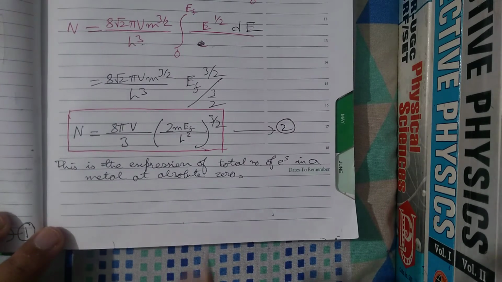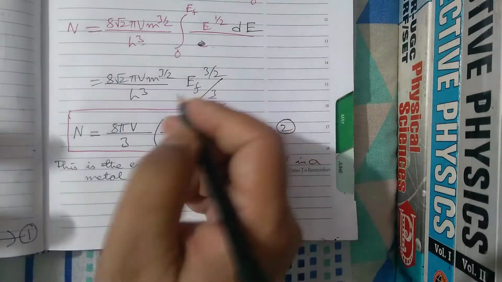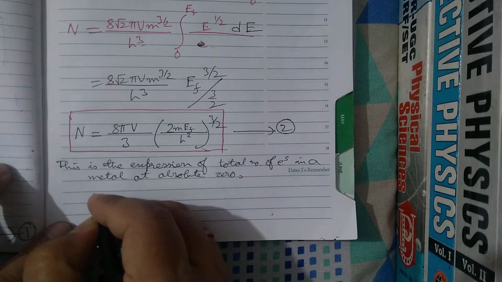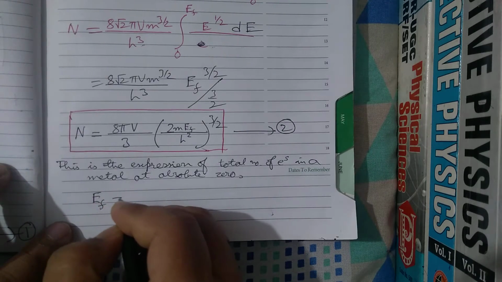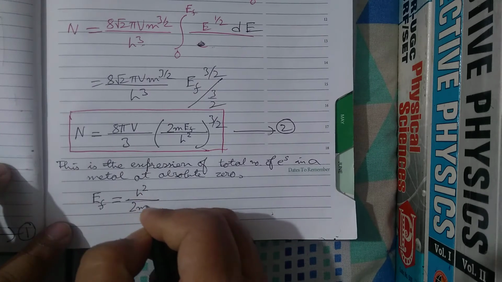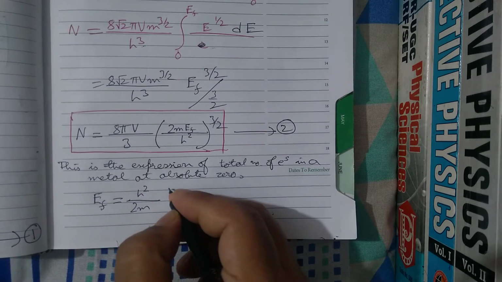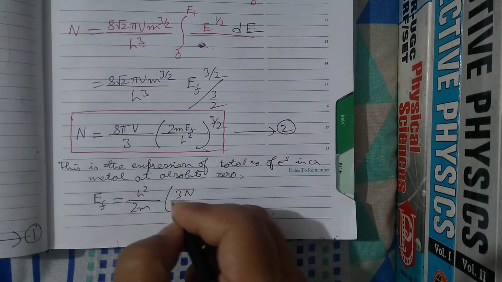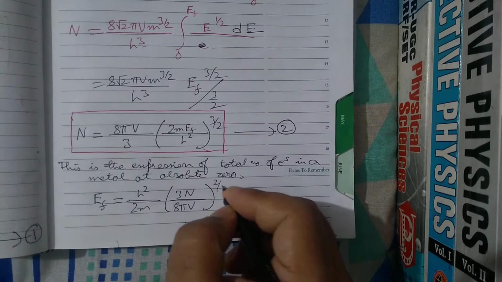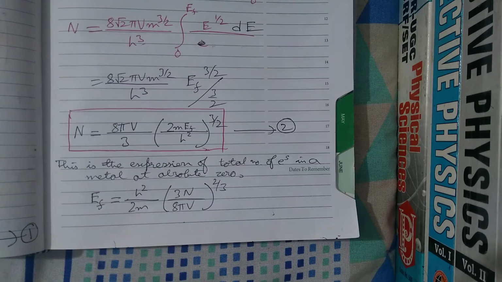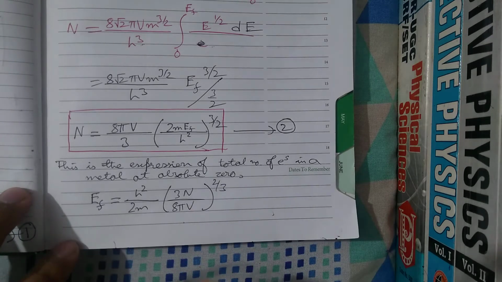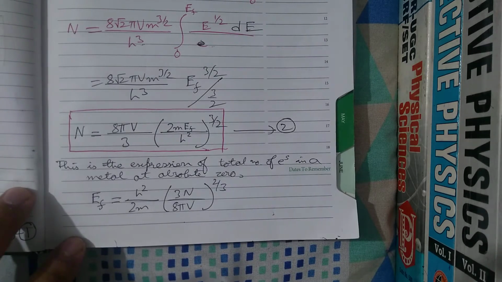How can you find it? If you raise both sides to the power 2 by 3, what will you get? You will get epsilon F or EF, the Fermi energy, is equal to h square by 2m into (3n by 8 pi V) whole to the power 2 by 3, where n by V is called the number of free electrons per unit volume.